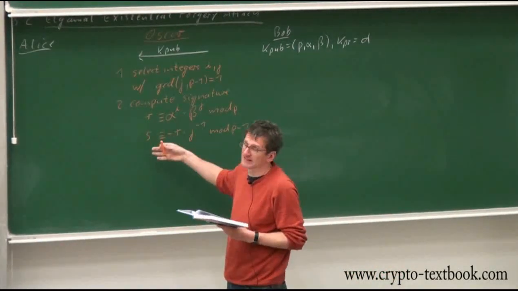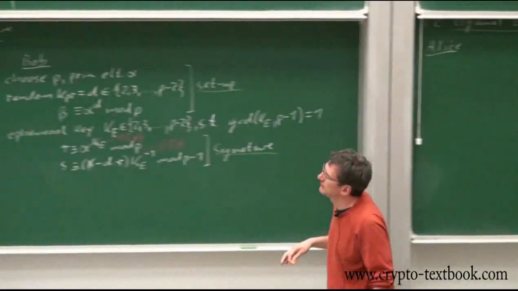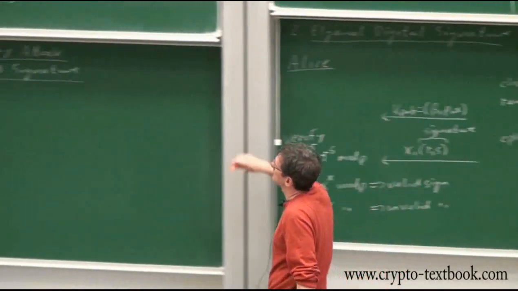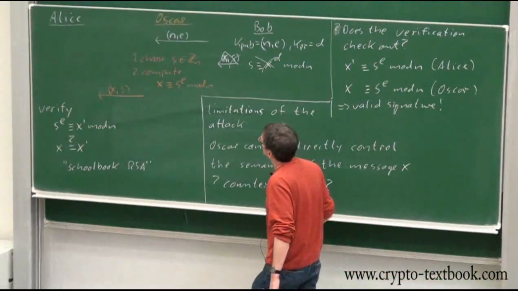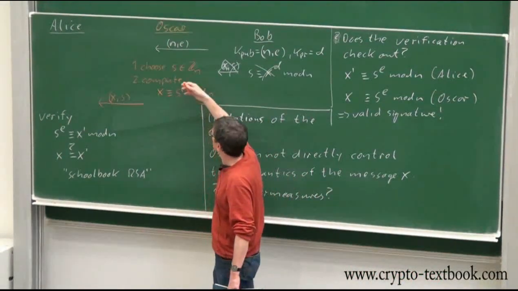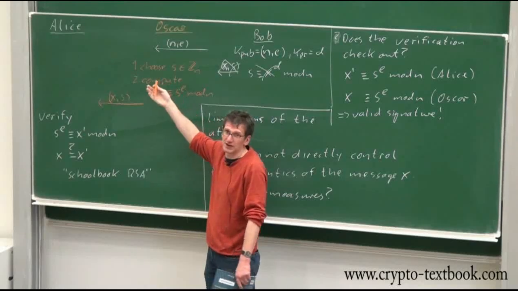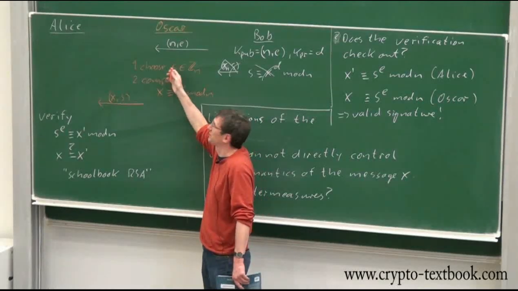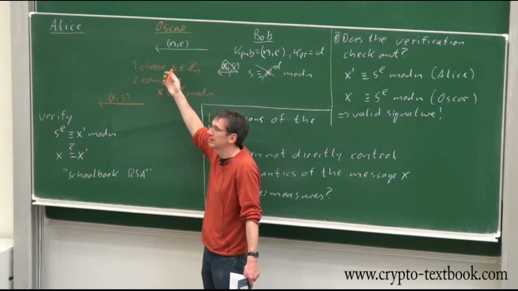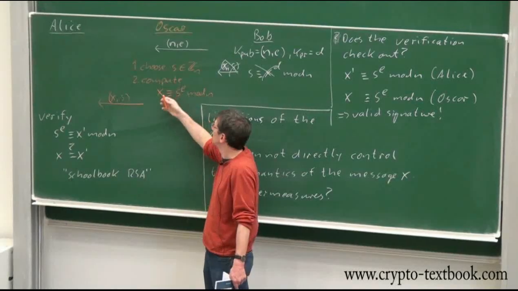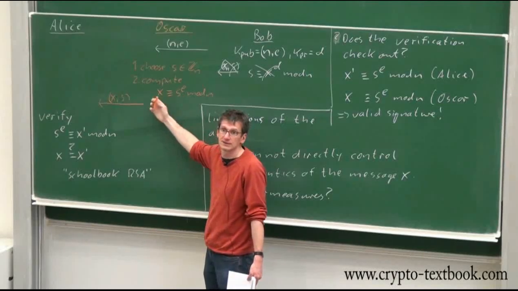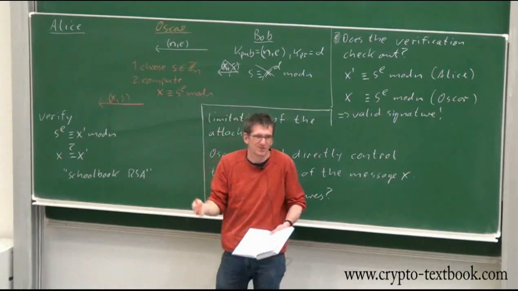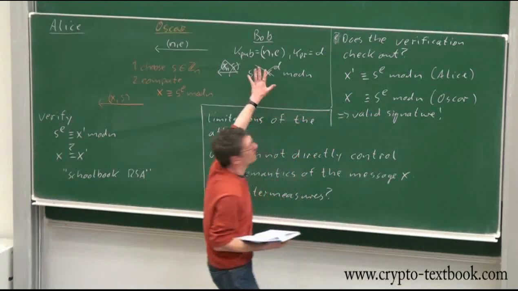So once he's done with the signature, this is similar to what we did with the RSA attack. We also computed the signature, except in RSA it was trivial. Computing the signature was choosing a random s. But then once you had a signature, you computed, what did Oscar compute here? The message, which is not what Bob normally does.